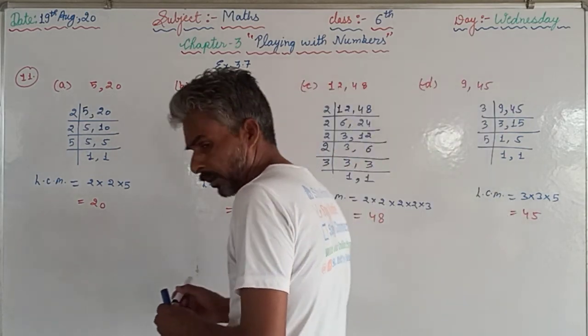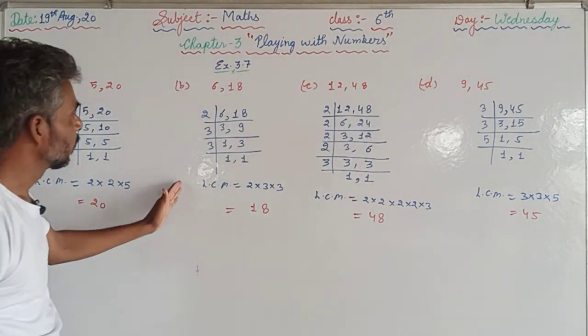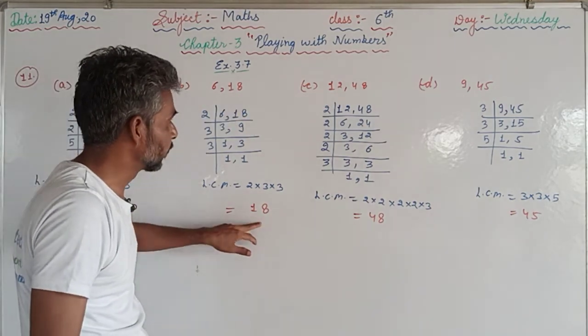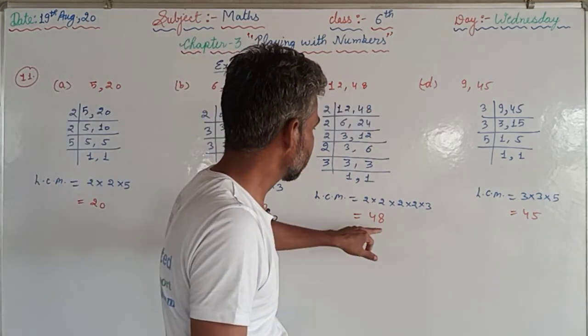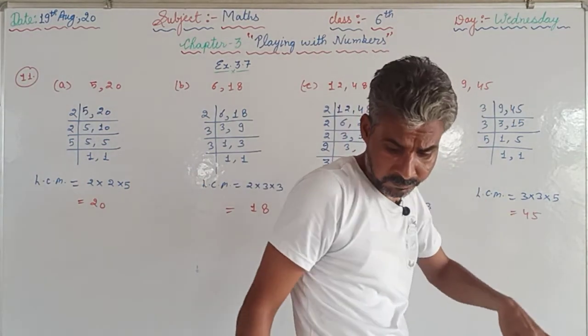So here we can observe one pattern. The LCM of 5 and 20 is 20, the LCM of 6 and 18 is 18, the LCM of 12 and 48 is 48, and of 9 and 45 is 45.